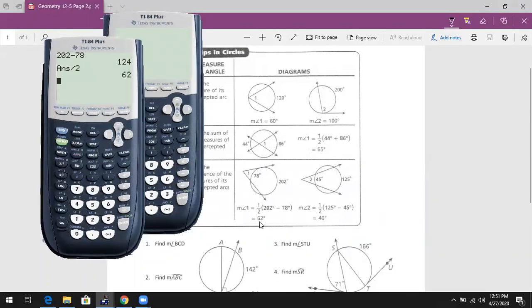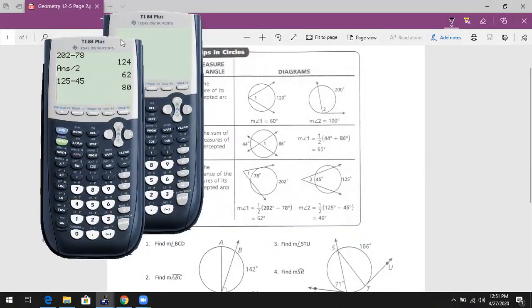Notice it's 62. And in this case, 125 minus 45, big arc minus small arc, gives us half of 80, which is 40.